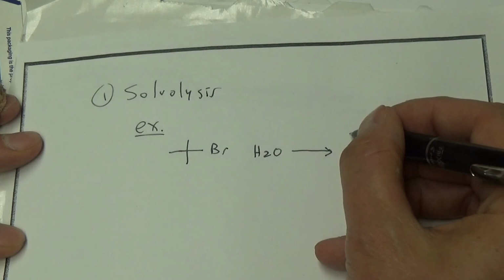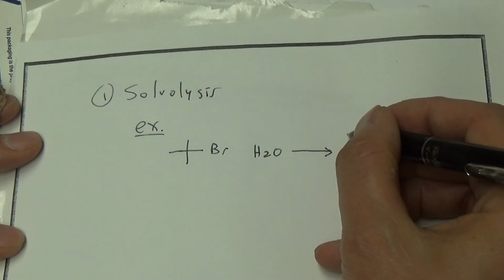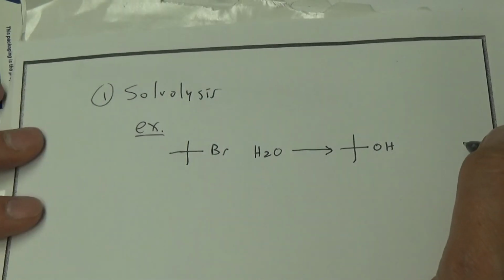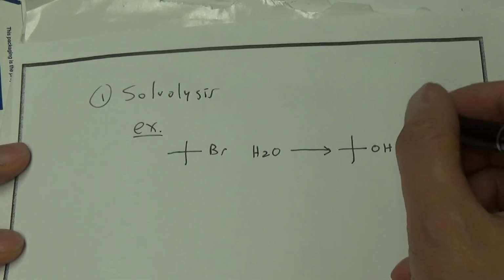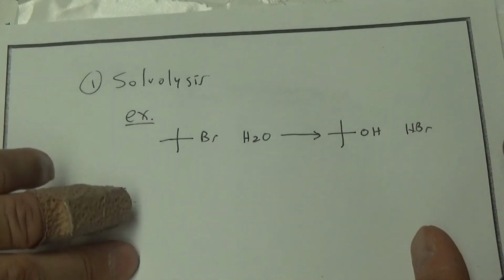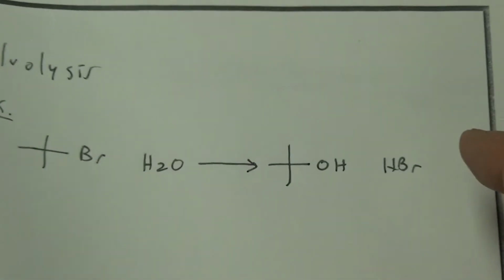The product is actually going to be tertiary alcohol, and the byproduct is going to be HBr. Okay. And over on the right, I'm going to sneak in relative rate.